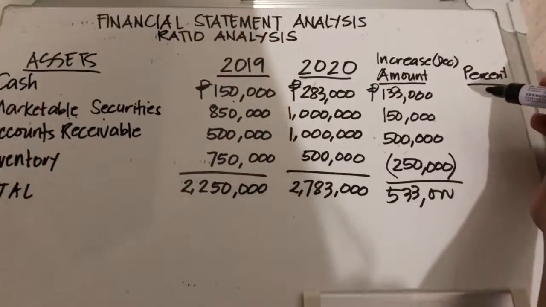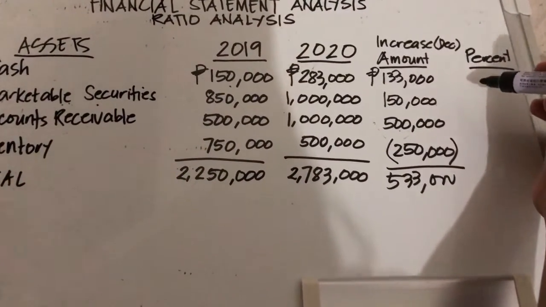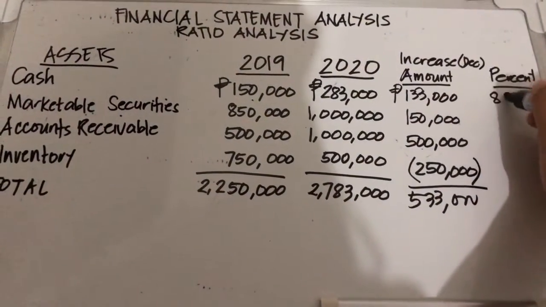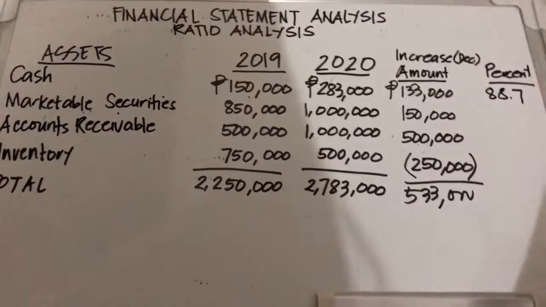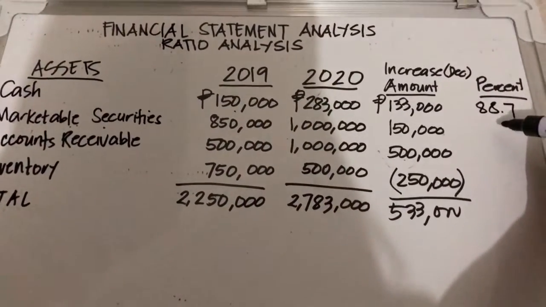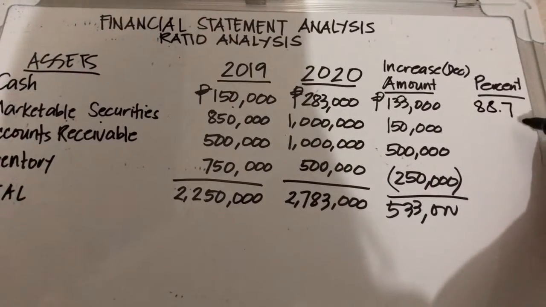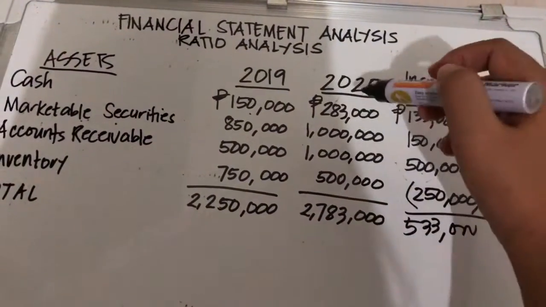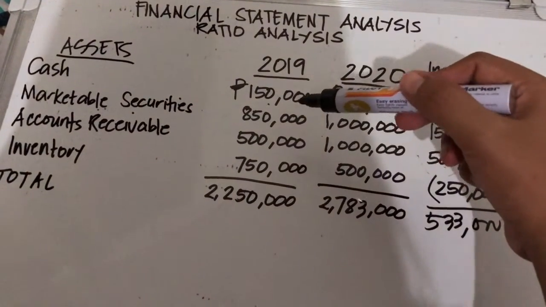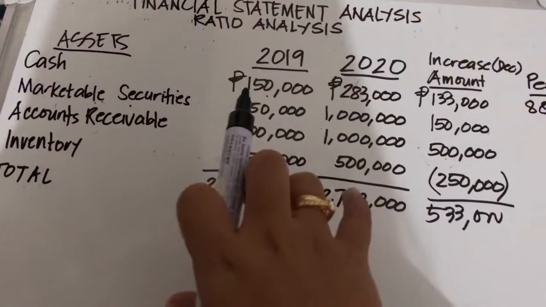So, ano yung percent ng amount na to? That is 88.7. So, ano meaning ng percent na to? Meaning, there is an 88.7% difference sa amount nung 2020 tsaka 2019 compared sa 2019.